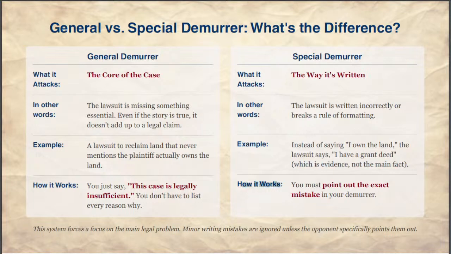How this works: you must point out the exact mistake in your demurrer. So very specific when it comes to a special demurrer. The general demurrer is attacking the core of a case, and you just have to say the case is legally insufficient. You don't have to list every reason why.